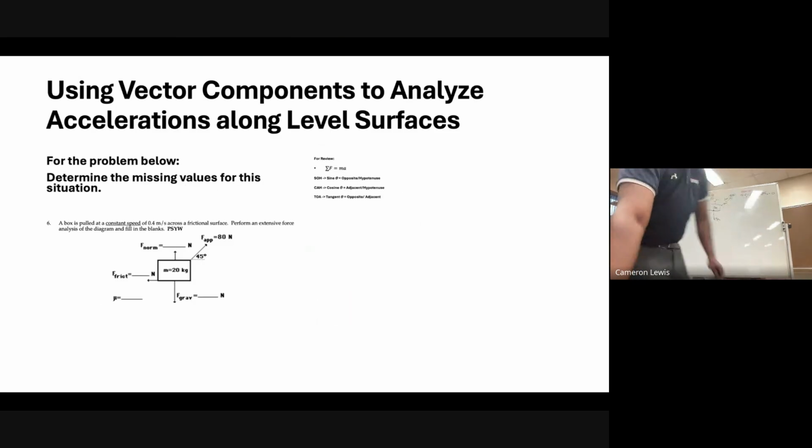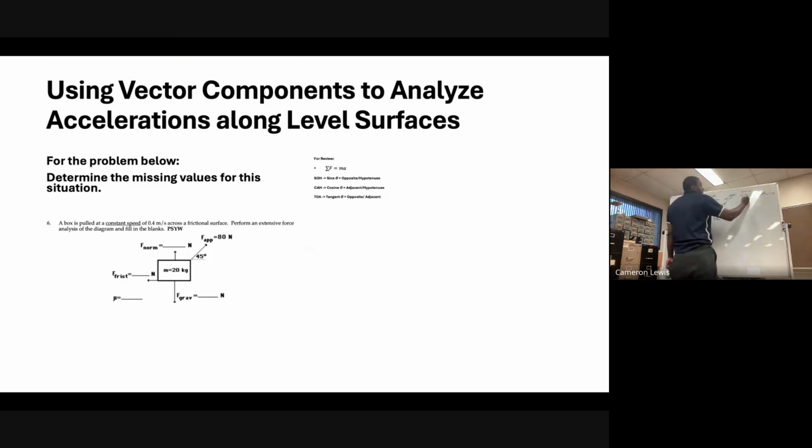All right, right here. Mu times the normal force, right? So we've got our X and our Y. Basically, all these are going to be balanced, to where my left equals my right and my up equals my down. So let me represent these with the components.